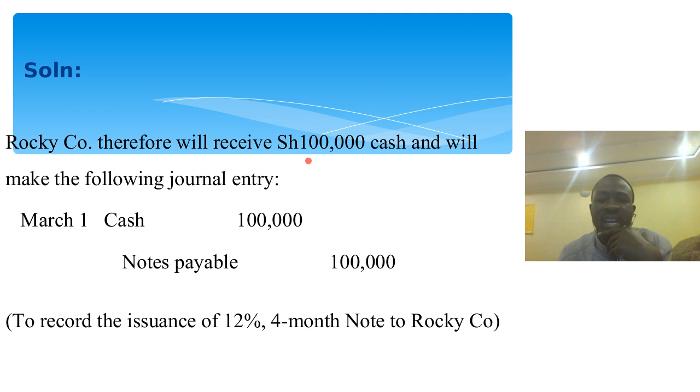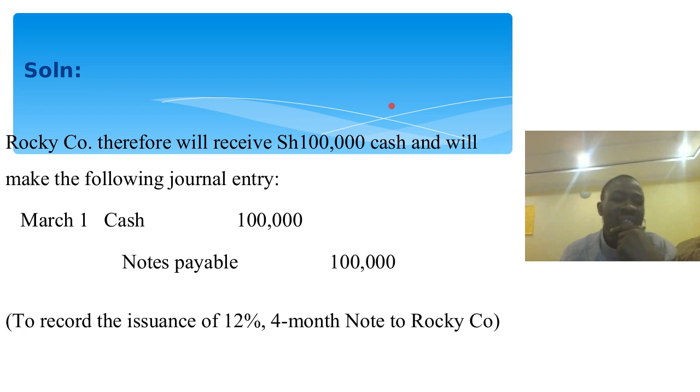One is the cash account. Cash will increase, and remember, cash is an asset, and all assets have a debit normal balance. So any increase is debited, and any decrease is credited. So we will debit the cash account with the 100,000.